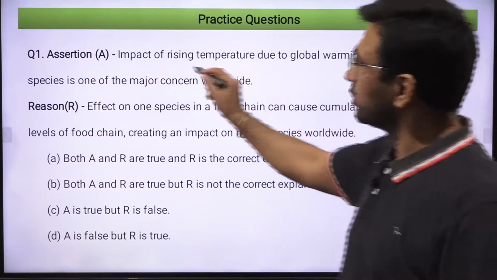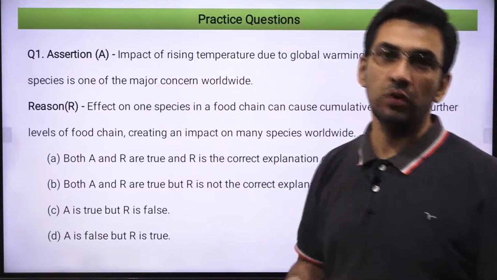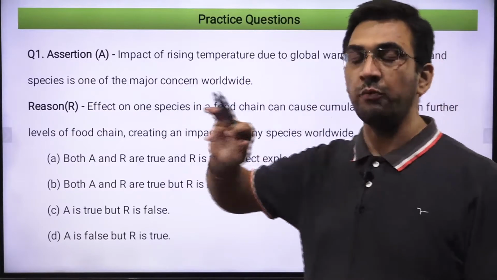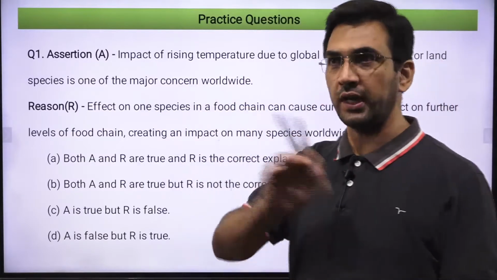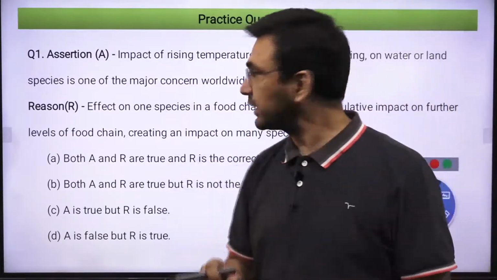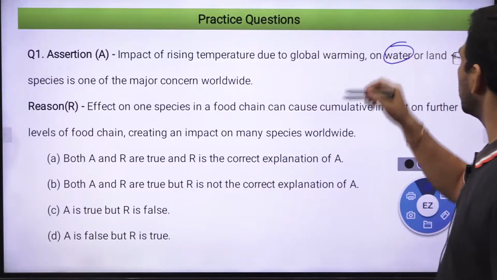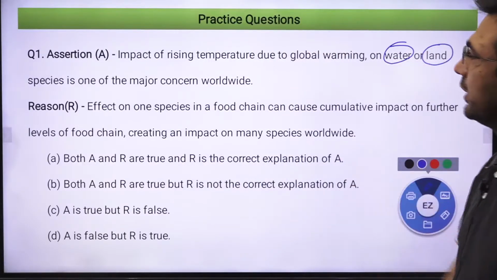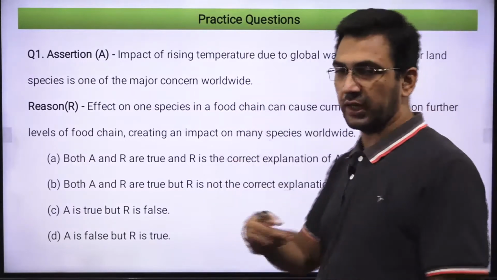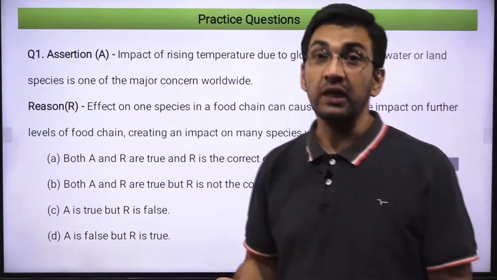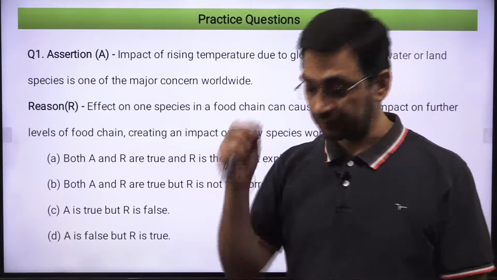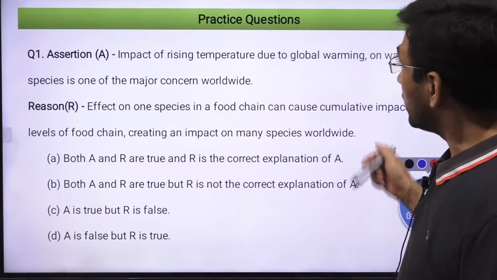Okay, as you know, we are talking about global warming. He says that global warming is going to have a major impact on any of the species, whether aquatic species, or species that exist on the land surface. If I ask you whether there is going to be an impact, definitely there is going to be an impact, right? So this statement is correct.